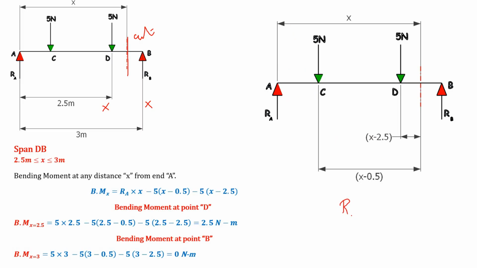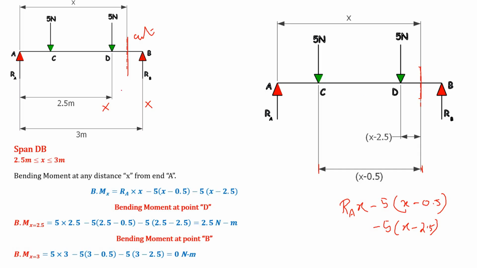So you write RA into x minus 5 into the lever arm distance for this 5 Newton, which is x minus 0.5. Then for this other 5 Newton, it is again minus 5 into the lever arm distance, which is x minus 2.5.